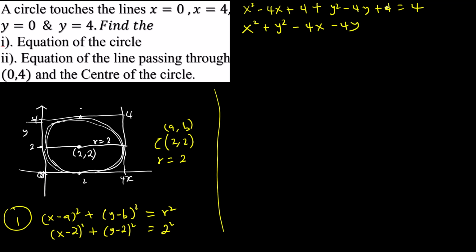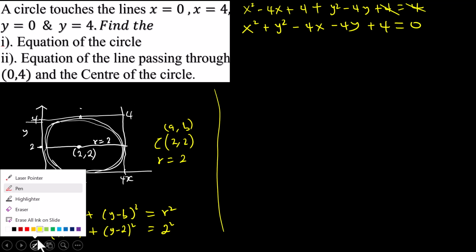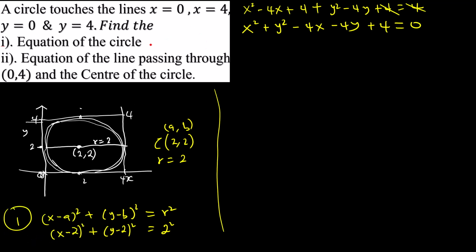So 4 plus 4 is 8, and this 4 cancels this, so we have plus 4 equals 0. So the equation of the circle here is x squared plus y squared minus 4x minus 4y plus 4 equals 0.